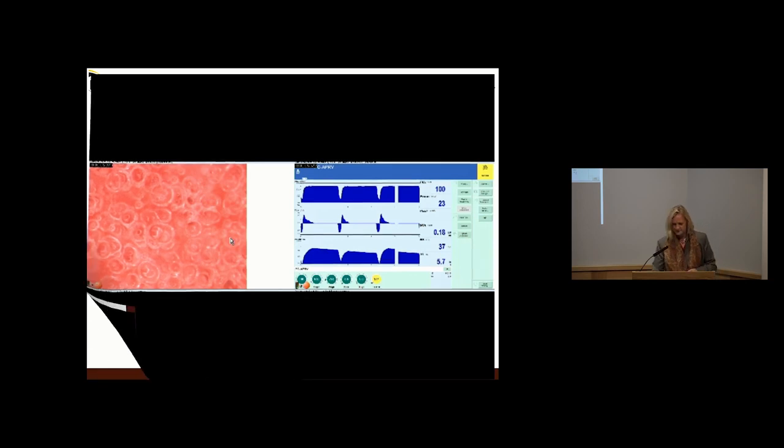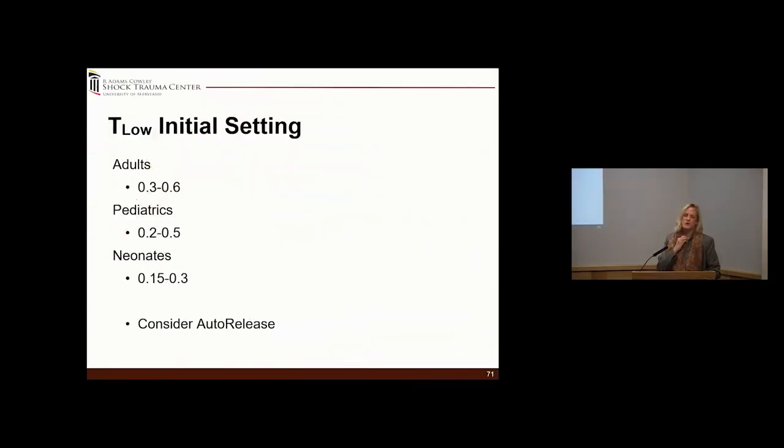Okay. So if we were to throw out some settings, again, just to get you started before you get your measurement, you could say for adults, 0.3 to 0.6, pediatrics 0.2 to 0.5, neonates 0.15 to 0.3. We're actually working with a group out of Tampa, Florida on neonates, and they're using auto-release, and they're having a lot of success with it.